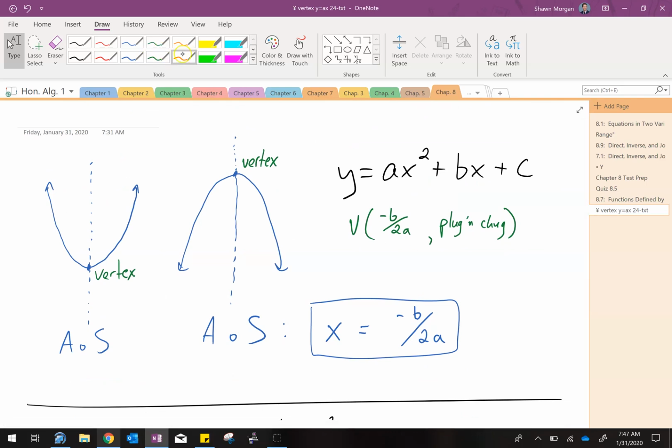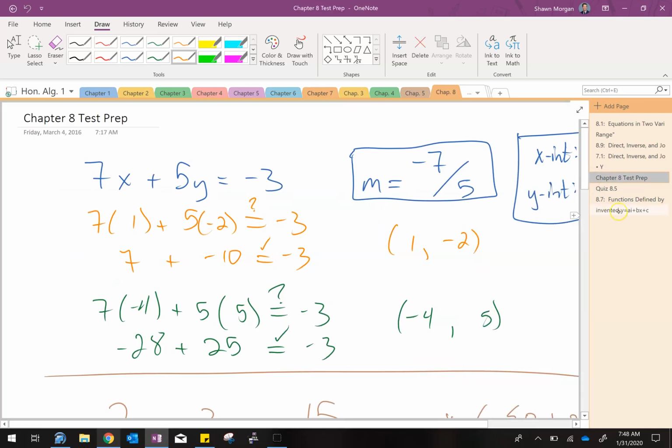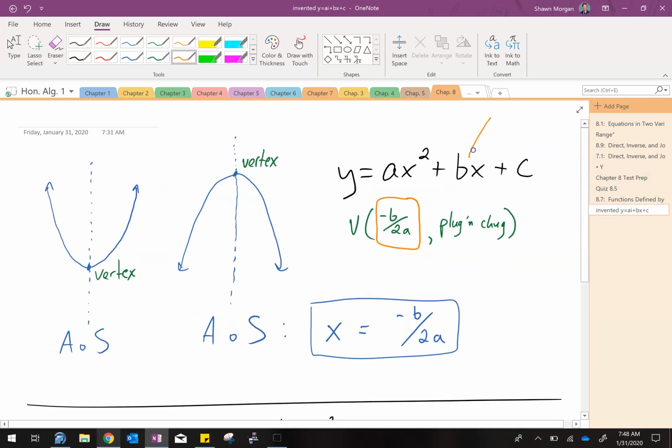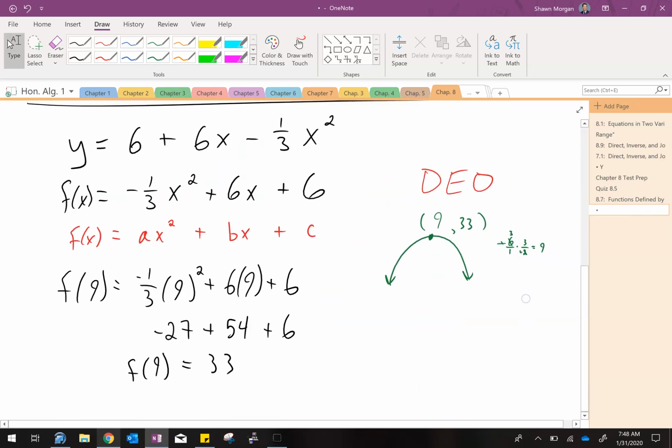Grady, I want you to mentally focus in on this bit right here. This right here, the opposite of B over 2A. So the question was, where did that 9 come from? We take the opposite of whatever that linear coefficient was, and then we divide it by twice whatever the quadratic coefficient is. So for number 30, this little example, we've said, okay, this is my A value, right?